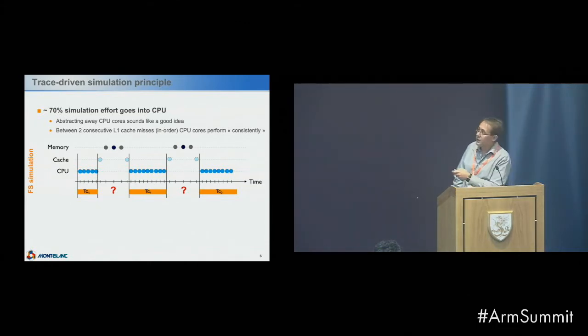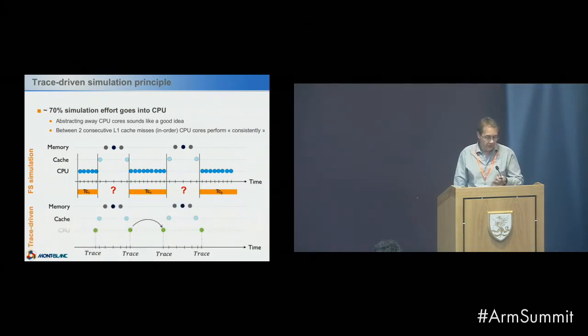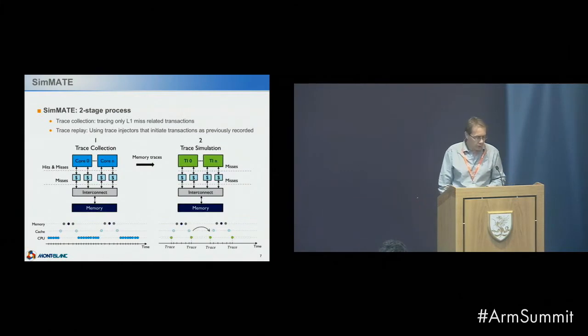So essentially, here those blue circles you could see them as those events that are put in the Gem5 event queue. And essentially, the idea would be, since those time gaps remain constant in all the processors at least, then let's wipe them out of the simulation and focus the simulation effort on the memory and interconnect subsystem. And that's essentially what we did with SimMATE.